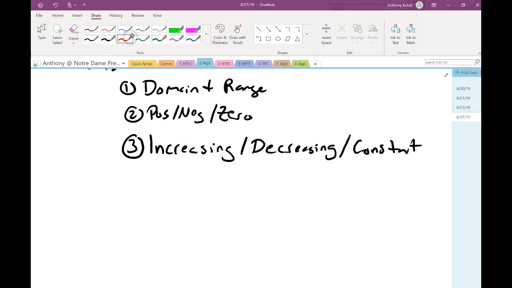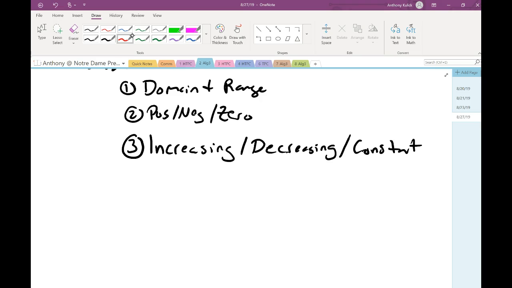Again, when we describe increasing, decreasing, and constant, we're talking about where the graph is increasing, where the graph is decreasing, where the graph is constant. So when we answer these where questions about a graph, we're going to answer it using x coordinates. So we're going to say, oh, it's increasing when x is 3 all the way up to 10, or something like that.